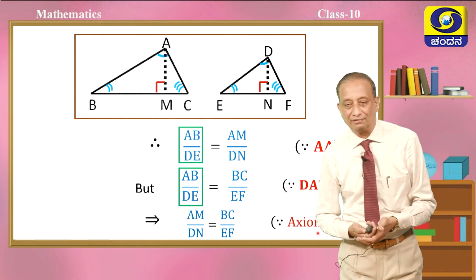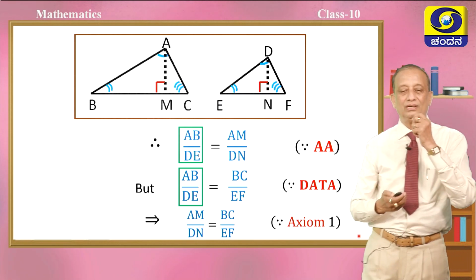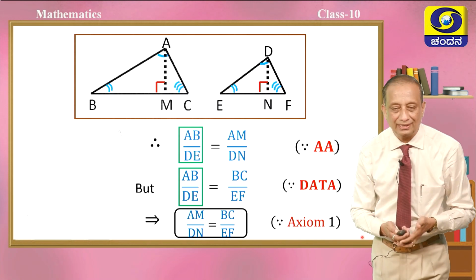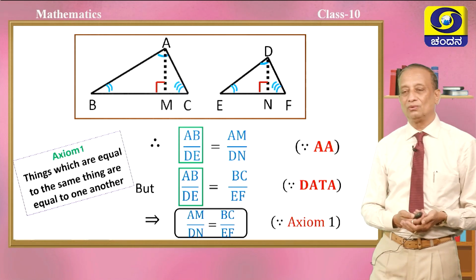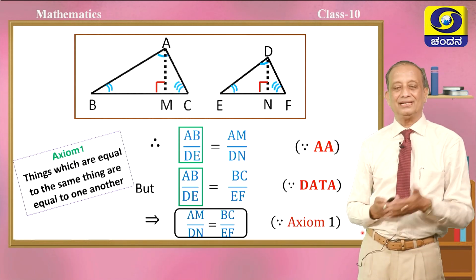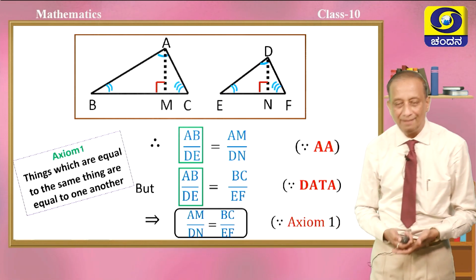On account of axiom number 1, AM by DN is equal to BC by EF. This is the important stage in our proof: things which are equal to the same thing are equal to one another. Since the left hand sides are equal in the two proportions, the right hand sides must be equal.